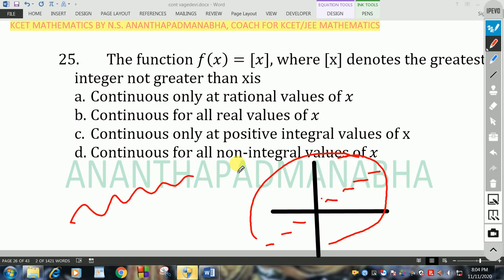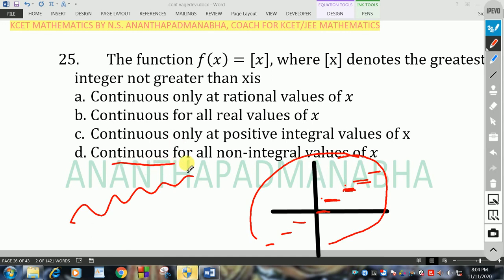See, clearly f of x is equal to greatest integer x is continuous for all non-integral values. See here 0 to 1, 1 to 2, 2 to 3, 3 to 4, like this. At the non-integral values of x it is continuous, at integral values it is discontinuous.